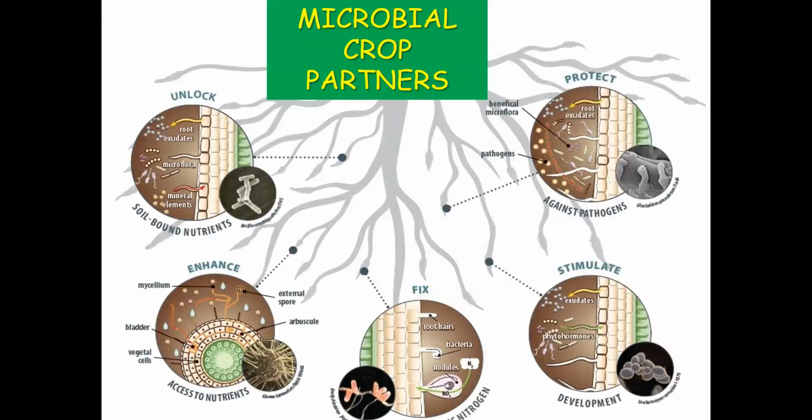So we could call these microbial crop partners. Crop partners, or microbes, that unlock soil-bound nutrients, protect against pathogens, stimulate the development of the plant, that fix atmospheric nitrogen, such as the rhizobia, and that can enhance the access to nutrients, such as phosphorus and nitrogen.